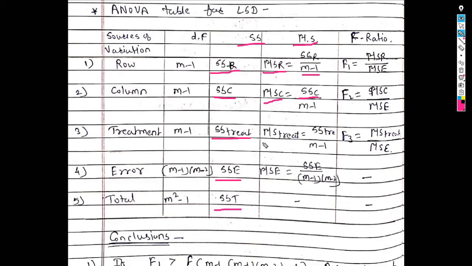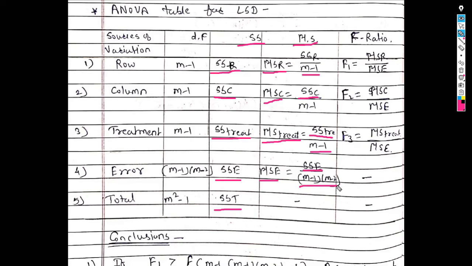Then mean sum of squares due to treatment is denoted by MS small t or MS treatment, equal to SS treatment upon its degrees of freedom m minus 1. Last one is error: mean sum of squares due to error is denoted by MSE, defined as SSE upon its degrees of freedom m minus 1 into m minus 2.